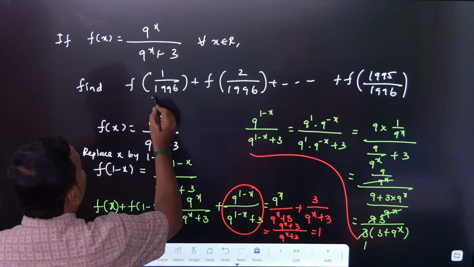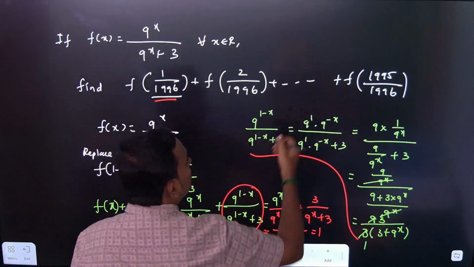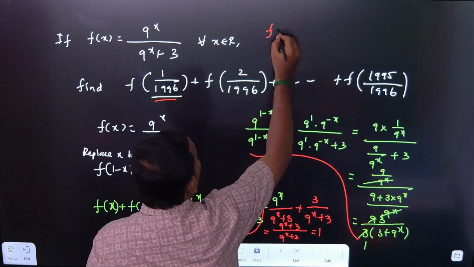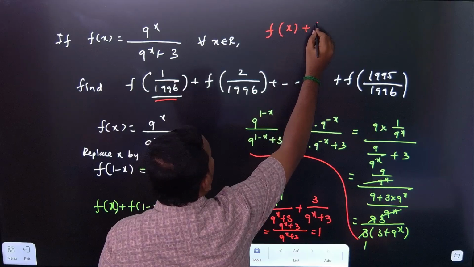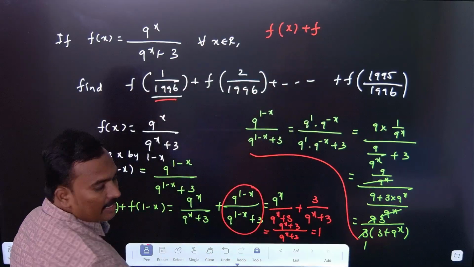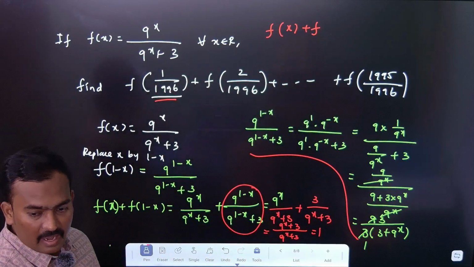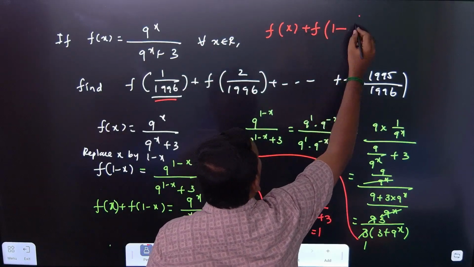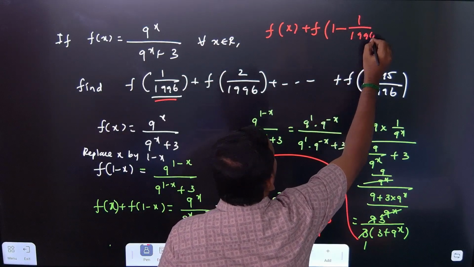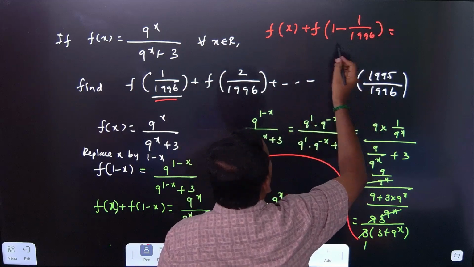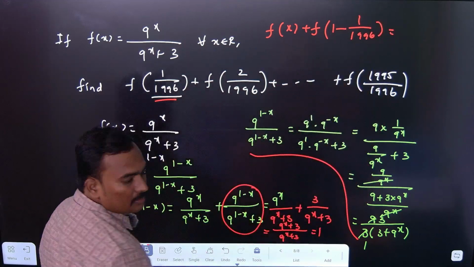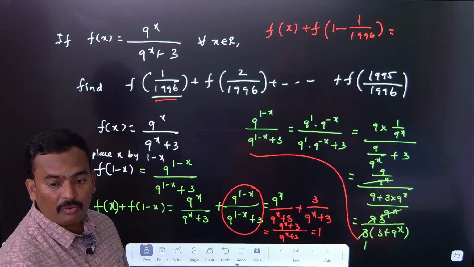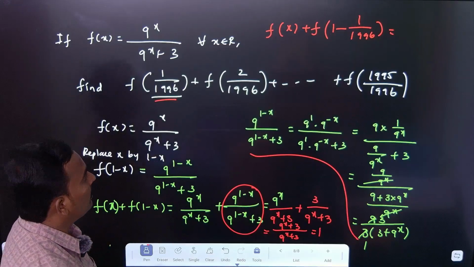That means the first term and the last term. Why are we taking the last term? You can see f of x here is what? Suppose if you consider x is 1 by 1996, and 1 minus 1 by 1996, what will we get? You'll get 1, because f of x plus f of 1 minus x equals 1 for all x, correct?